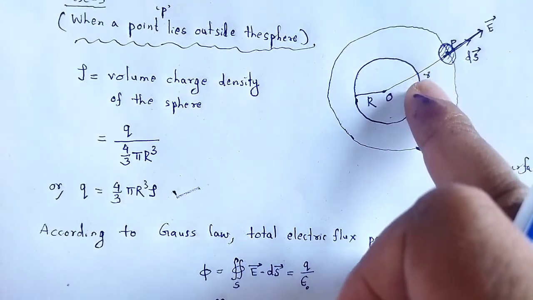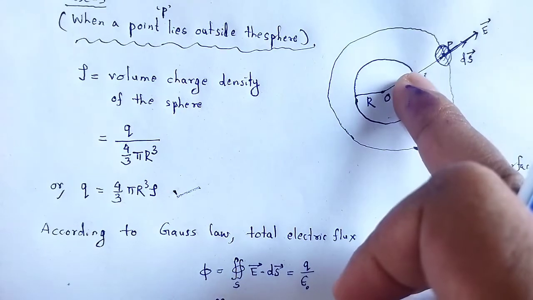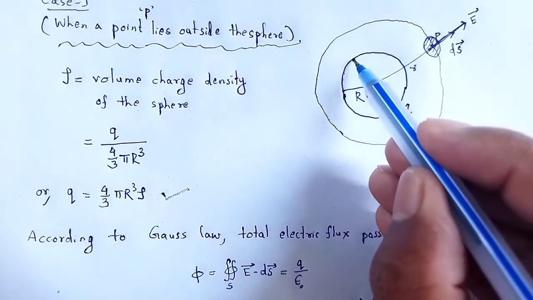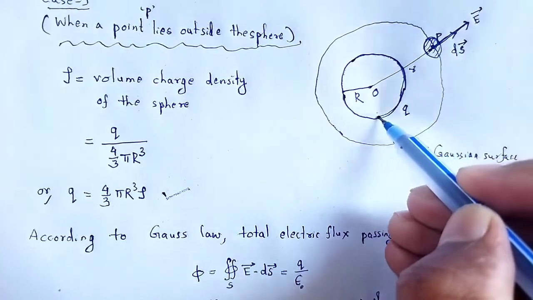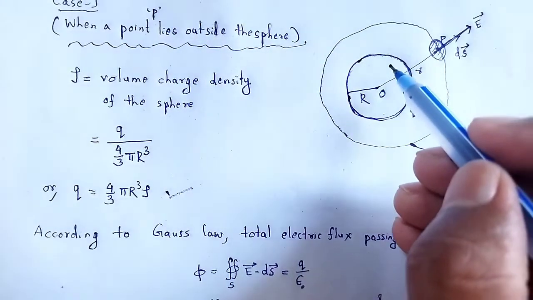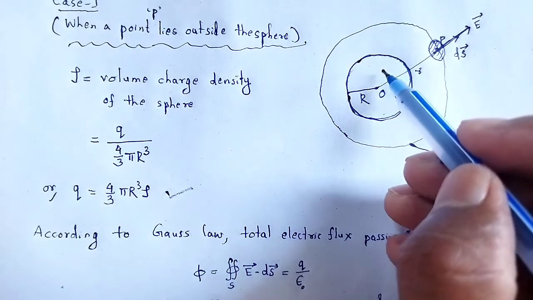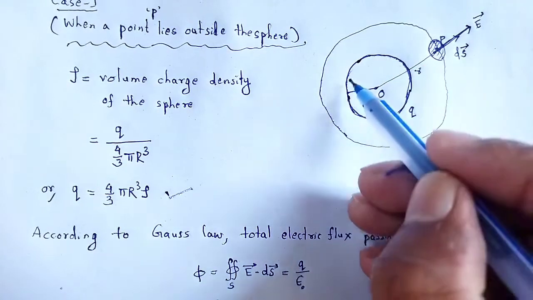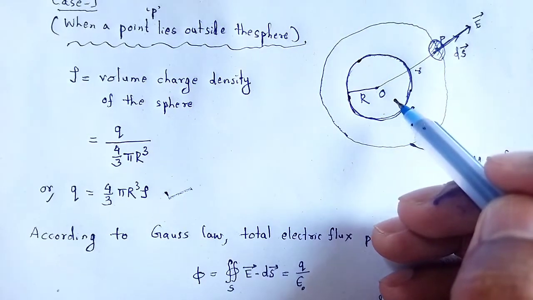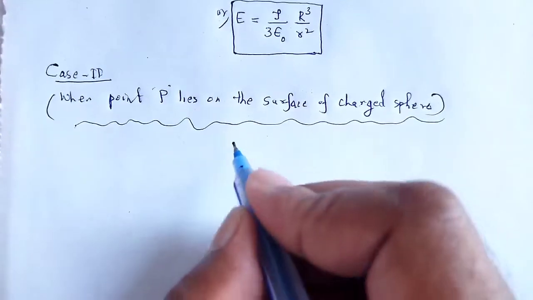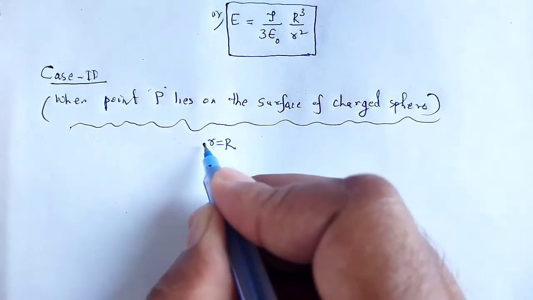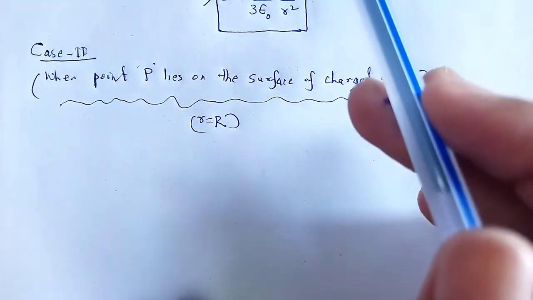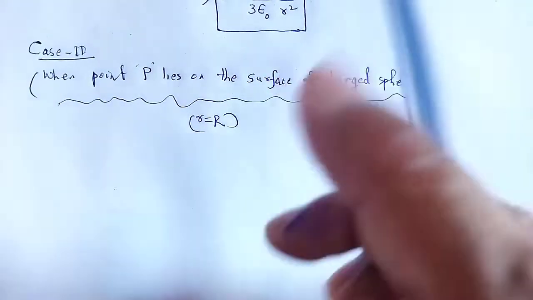Now we have to draw a sphere of radius r and center O as the Gaussian surface. In this case, the Gaussian surface passing through point P will coincide with the charged sphere itself. In that case, small r is equal to capital R. We have to apply the Gauss law to calculate the total electric flux.